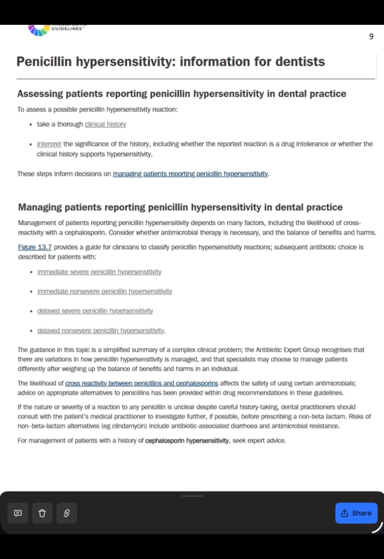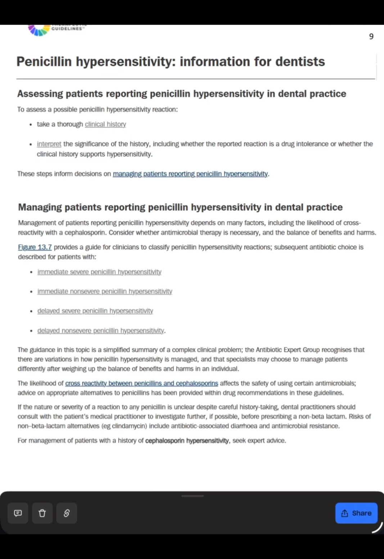The likelihood of cross reactivity between penicillin and cephalosporin affects the safety of using certain antimicrobials. Advice on appropriate alternatives to penicillin has been provided within drug recommendations in these guidelines. If the nature or severity of a reaction to any penicillin is unclear, despite careful history taking, dental practitioners should consult with the patient's medical practitioner to investigate further, if possible, before prescribing a non-beta lactam.